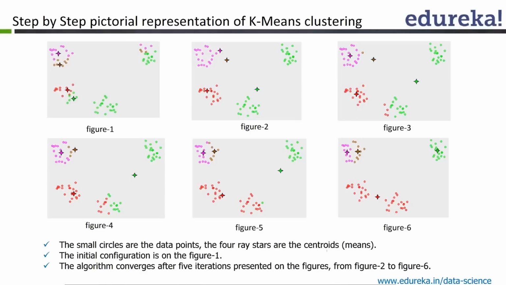The way to do that is to assign each data point to these centers, and then update those centers by computing the centroid of each cluster. Initially we started with these 4 centers, and then we assigned each data point to one of them. That's how I got these colors.